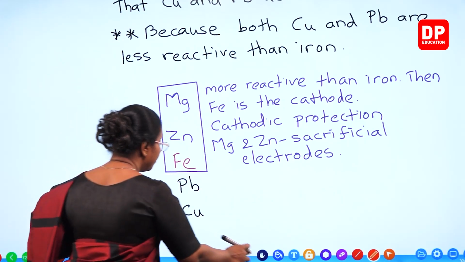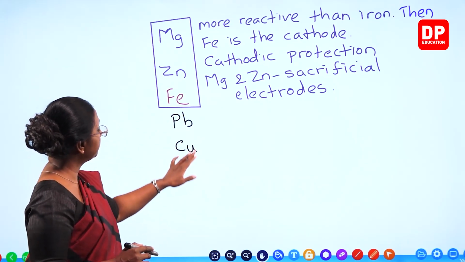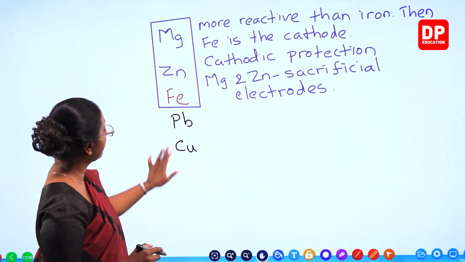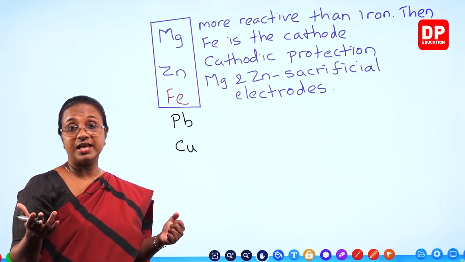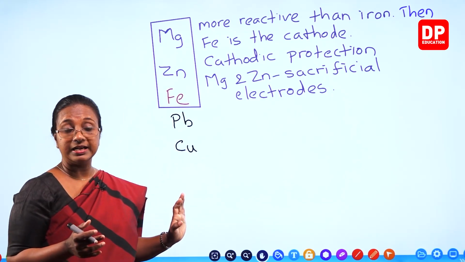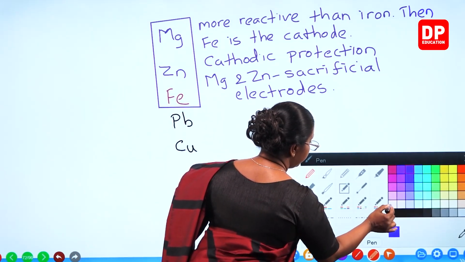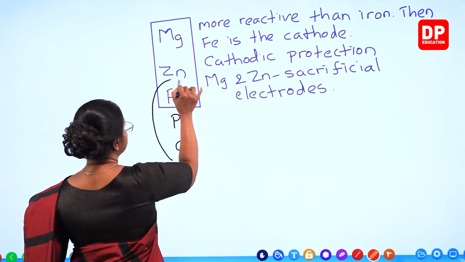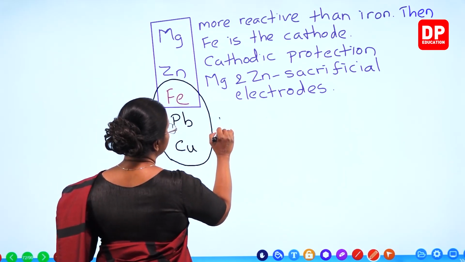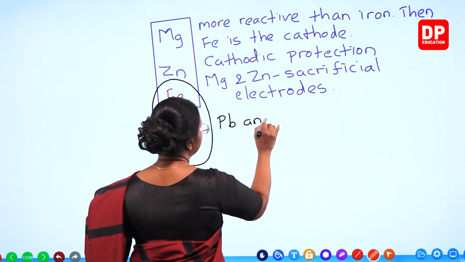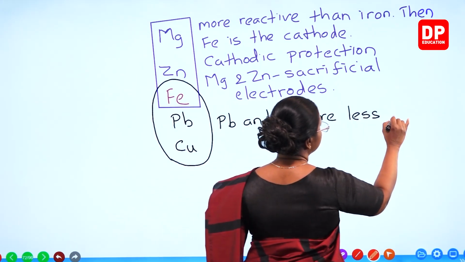But if you look at the other two metals, you know sometimes they coat lead or copper onto iron. Even metals like nickel are coated onto iron. So what happens is, if we consider lead and copper, they are less reactive.